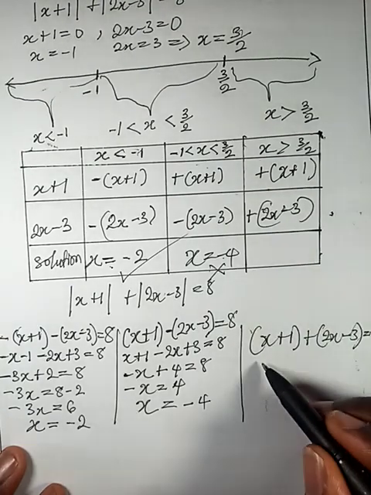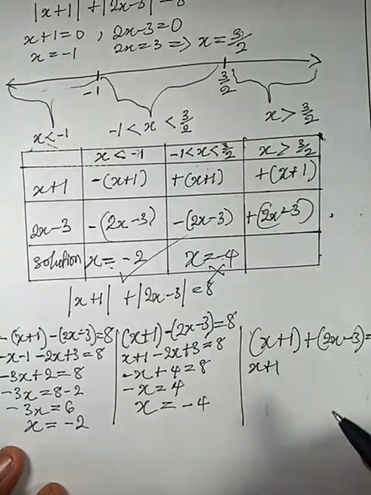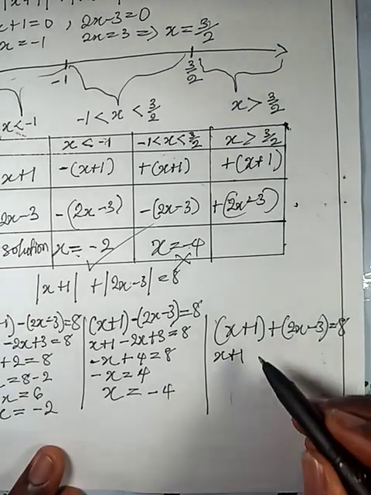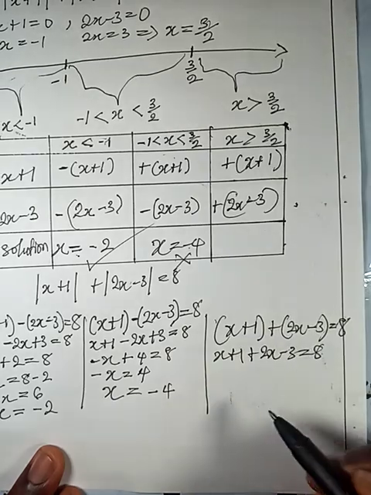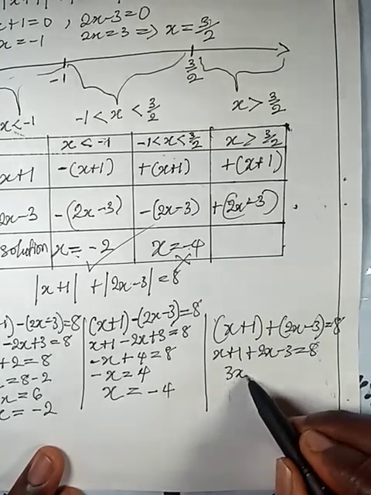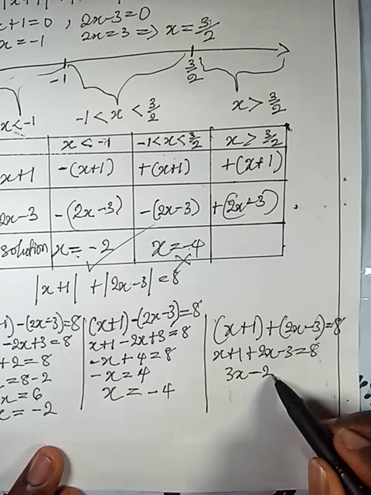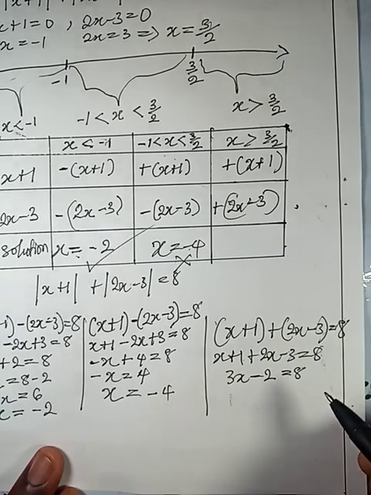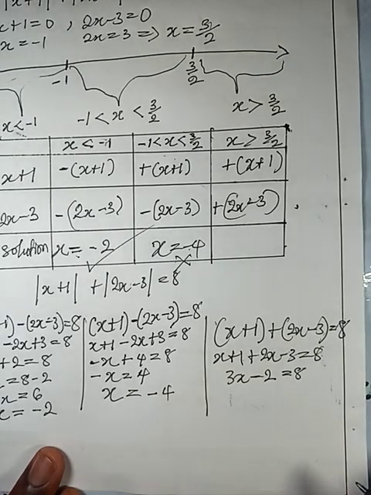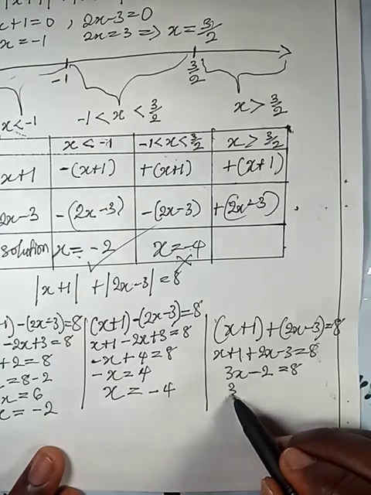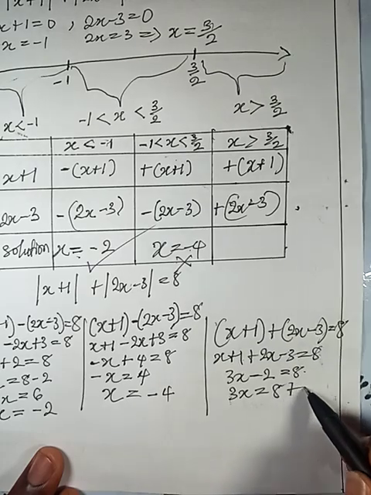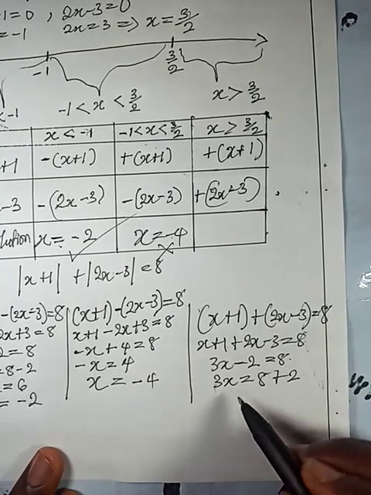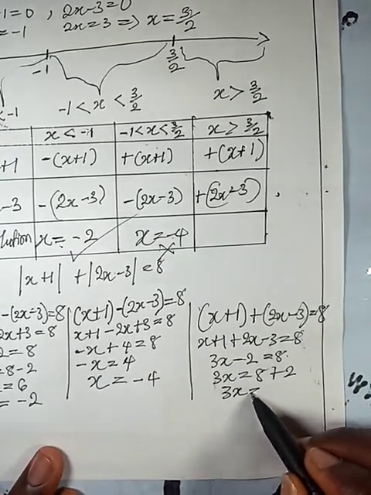So opening bracket, you have x plus 1 plus 2x minus 3 is equals to 8. This is 3x. This and this will give me minus 2 is equals to 8. Okay, so transpose. This is 3x is equals to 8 plus 2. This is 3x is equals to 10.